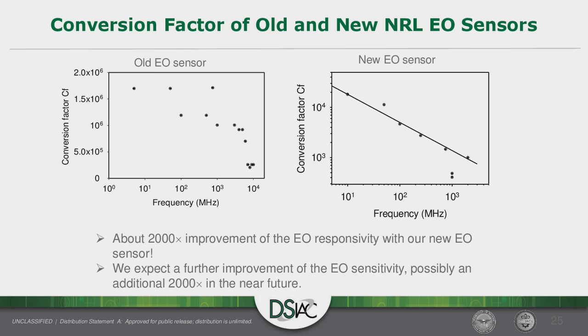That's 2 times 10 to the 4, which means about 2,000 times improvement of EO responsivity with our new sensors. We figured out how to improve the sensor further, so possibly in the coming next few years, we will be able to achieve an additional 2,000 times improvement. Next, please.